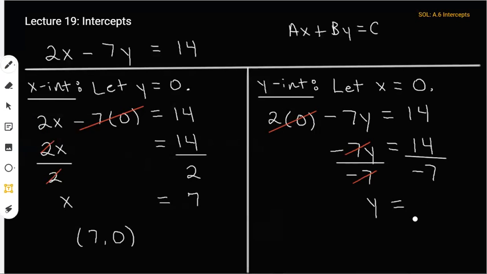And then on the other side, what would 14 divided by negative 7 be? Right, negative 2. So when I write my ordered pair, my y value is going to be negative 2. My x value is going to be 0.